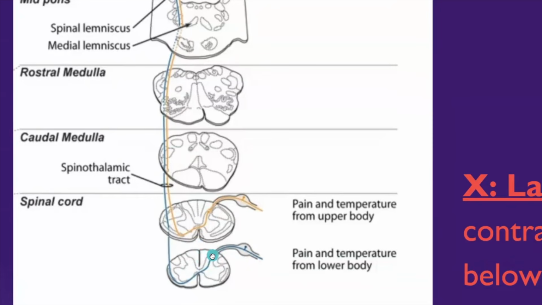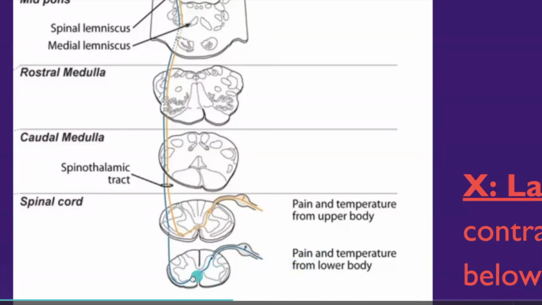Then the axons of the second order neurons go to the contralateral side. They cross to the contralateral side. And what do we call these fibers? Anterior commissural fibers, I think that's what they were called. Now you go all the way up, because these are pain and temperature sensations.